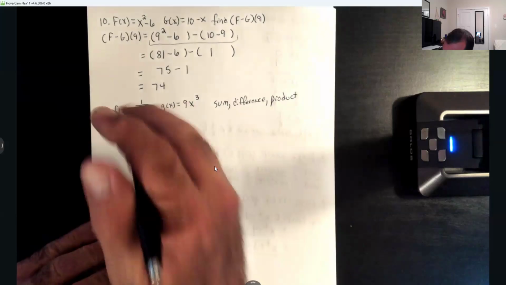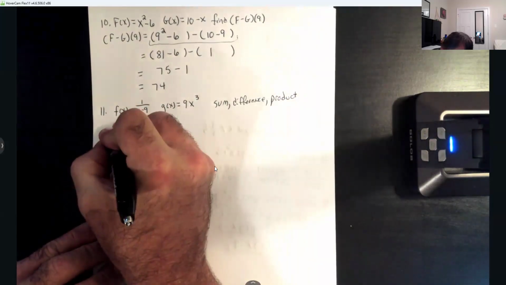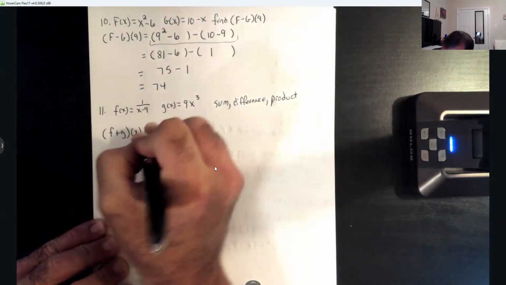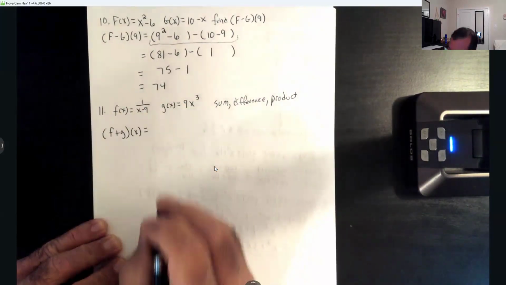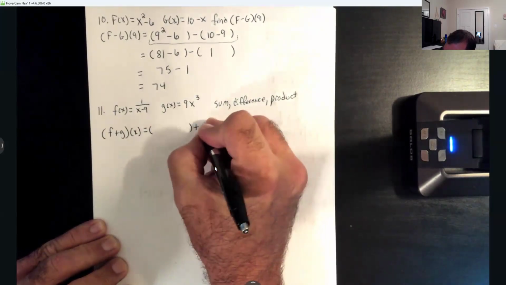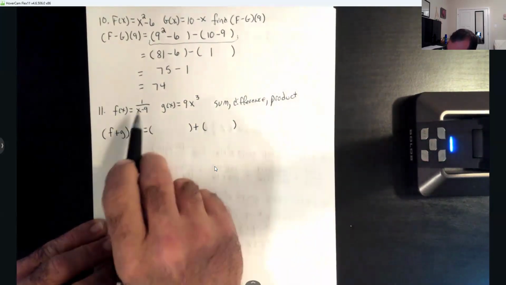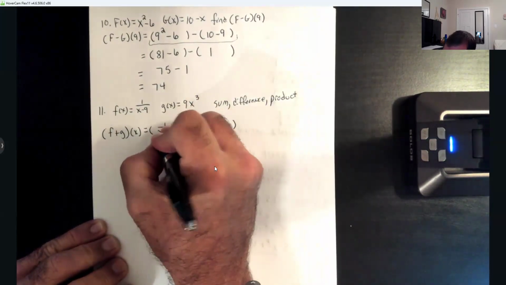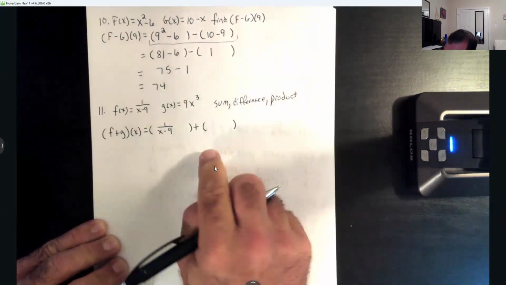So the sum is F plus G of X. That's going to equal your F equation plus your G equation. Well, F is 1 over X minus 9.